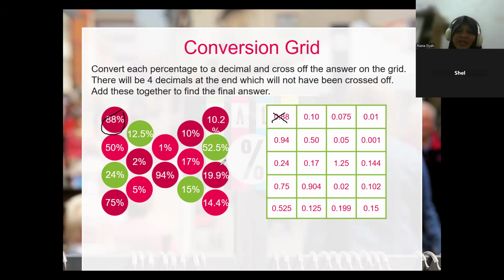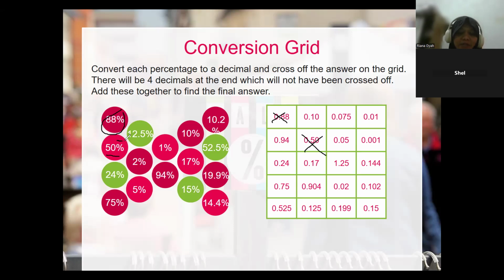Now can you try to find another decimal? Let's say 50%. So the decimal will be 0.50. Correct, 0.50. Good job, you still remember.